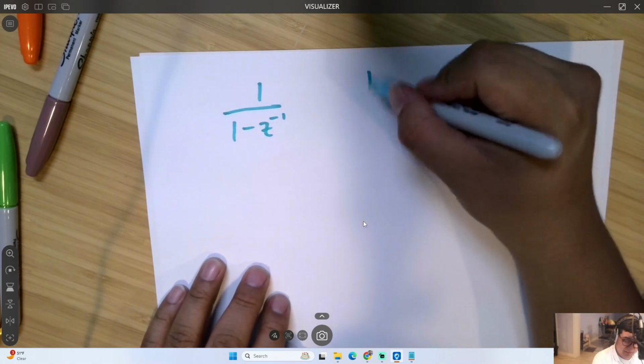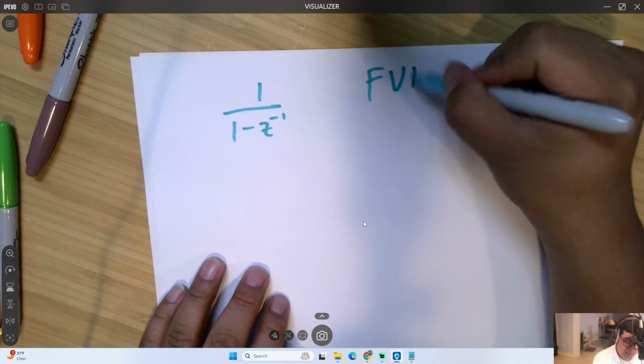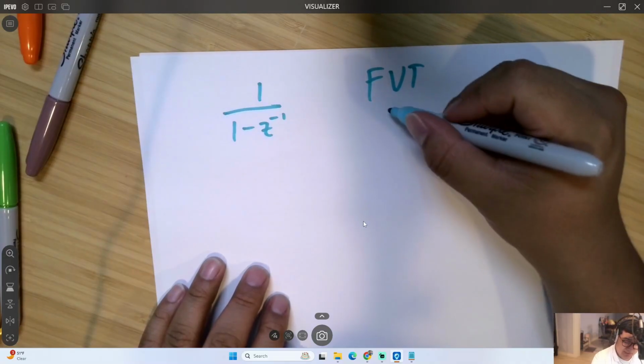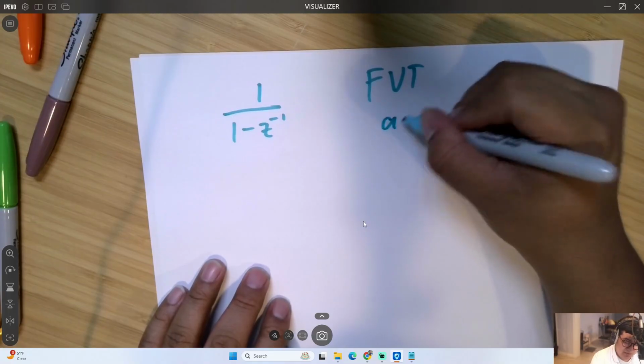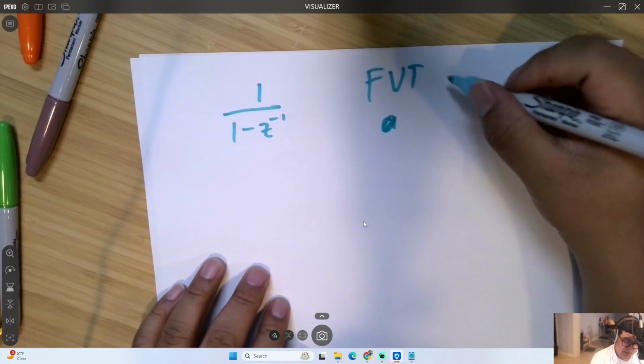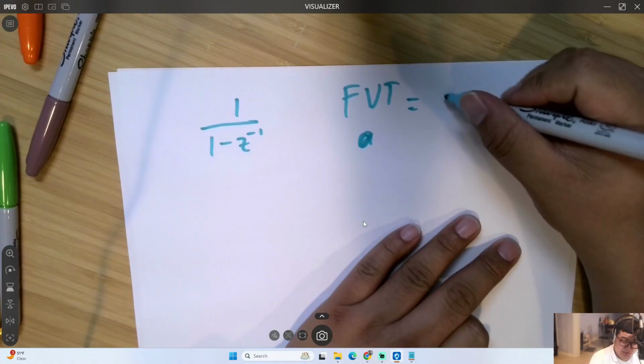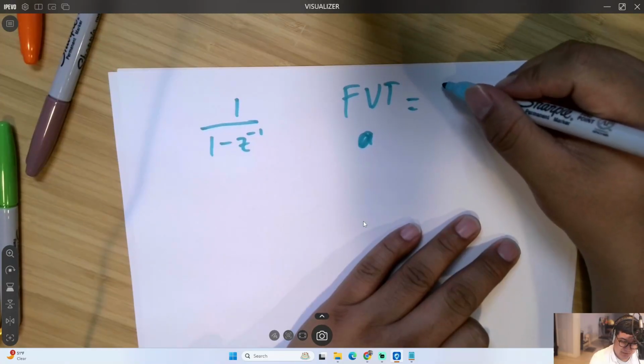So the final value theorem states that you can find the final value. We've used too many numbers.